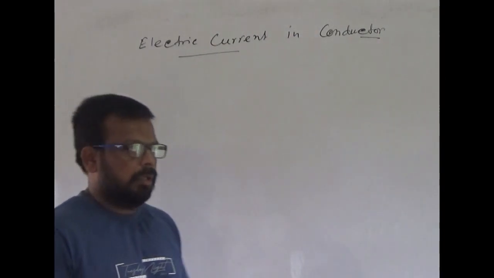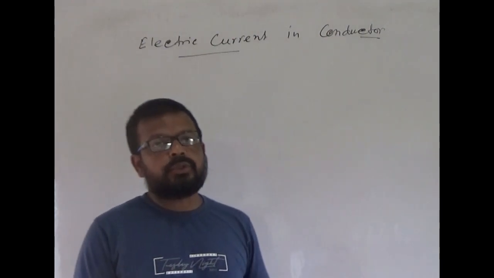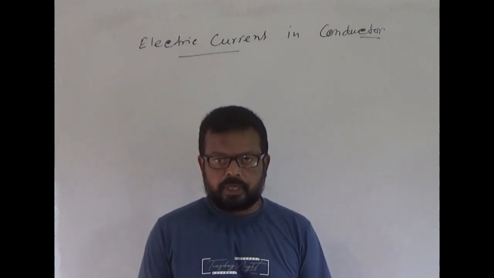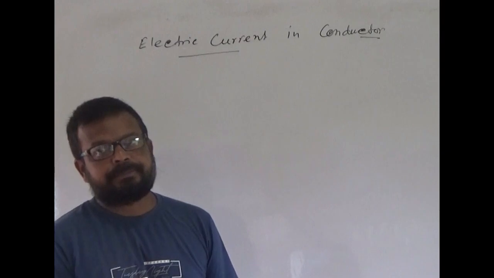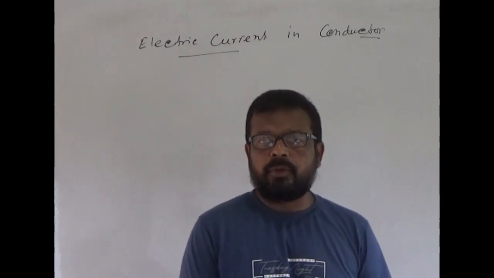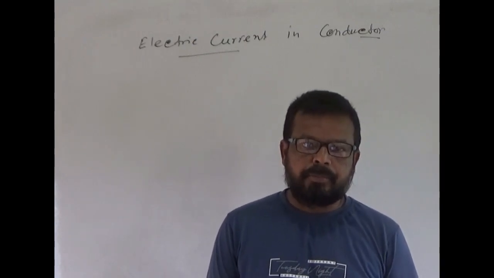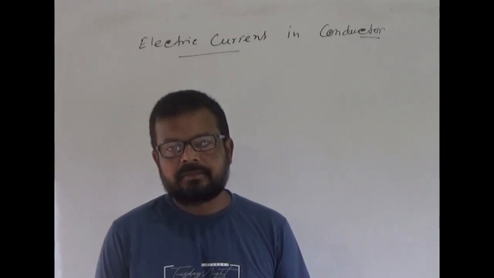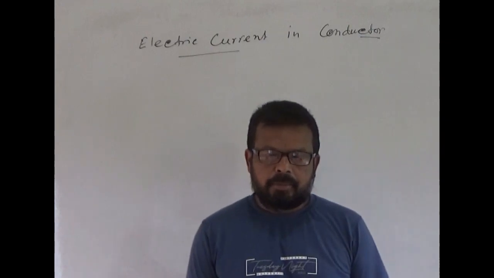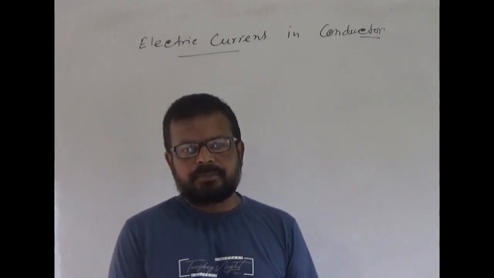Now we are going to discuss electric current in a conductor, how current flows through a conductor. Everyone knows that bulk material is made up of many molecules, right? And molecules are made up of atoms.